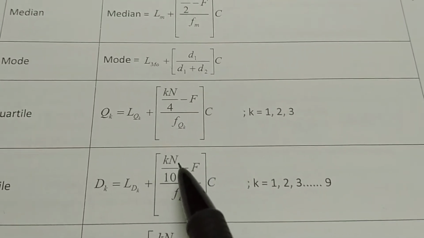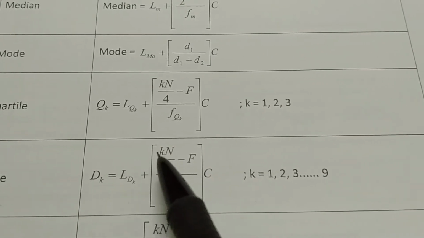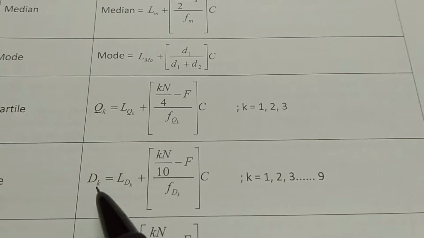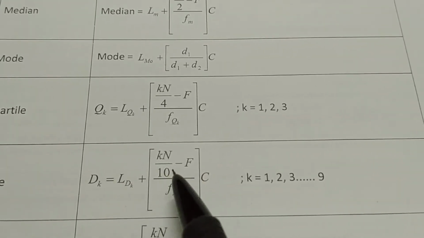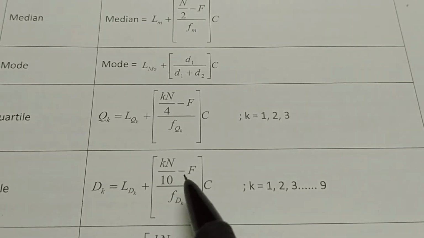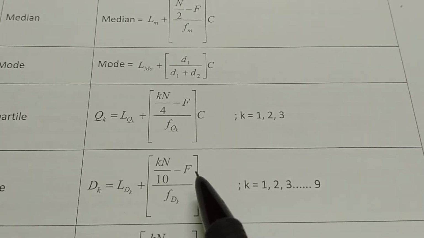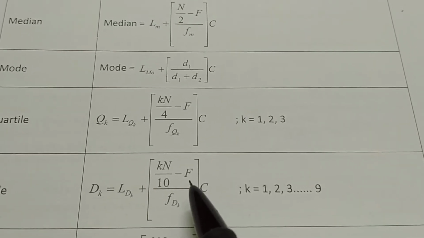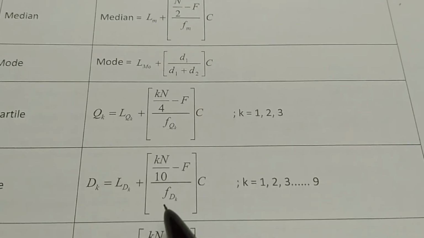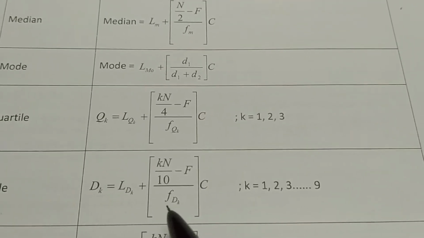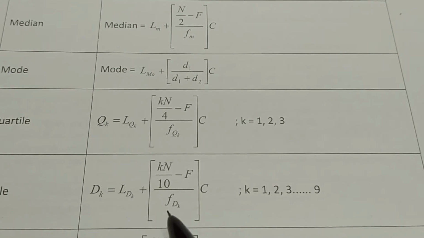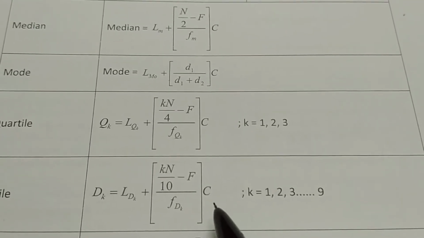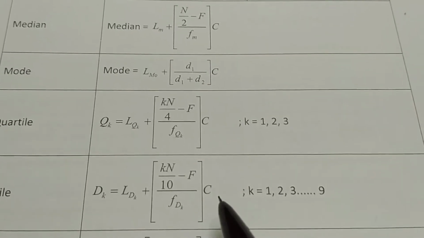We divide by 10 because decile means we divide the data into 10 equal parts, and then minus F. Capital F means cumulative frequency before decile class, divided by FDK. Small f is the frequency for decile class, and then times the size of class.